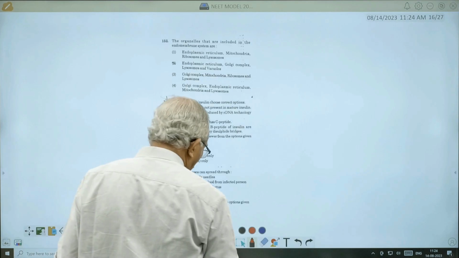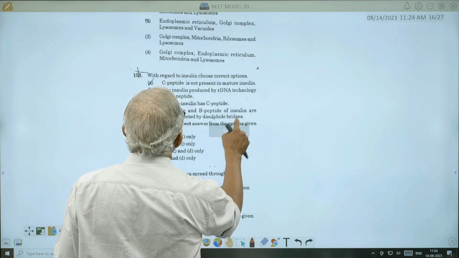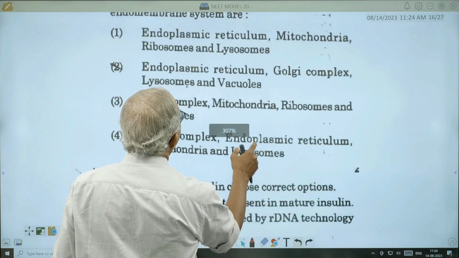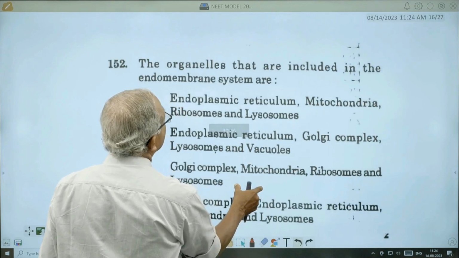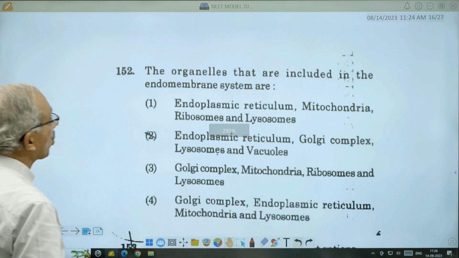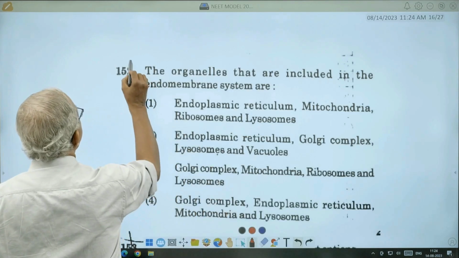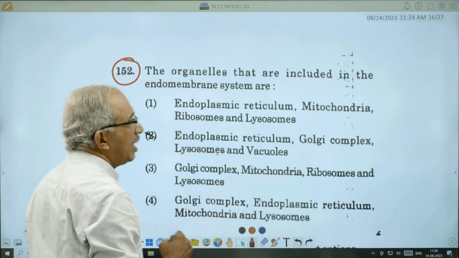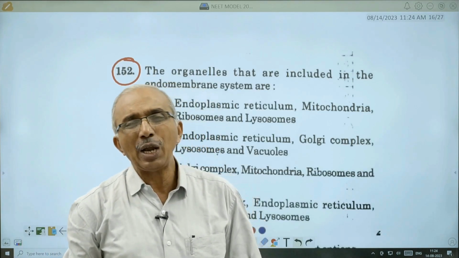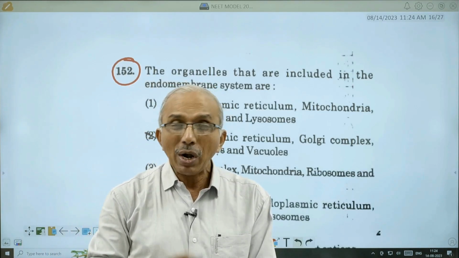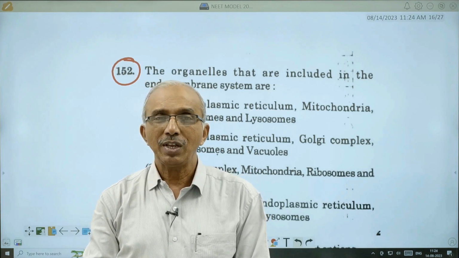The next botany question is on the next page. Organelles that are included in the endomembrane system. What is the endomembrane system?